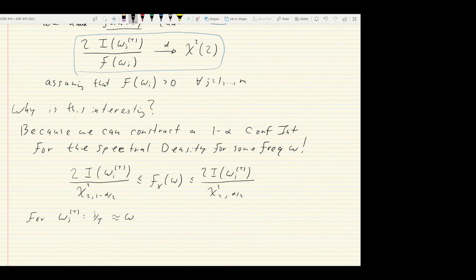If I had T as a power of 2, because I like powers of 2 since the FFT is really fast, but the frequency I'm interested in is 1/3, well, I can't get 1/3 with a denominator that's a power of 2, but I can get something really close to it. And that's the point: in the upper and lower bounds here, omega_j is the closest discrete frequency I can get to the desired frequency.